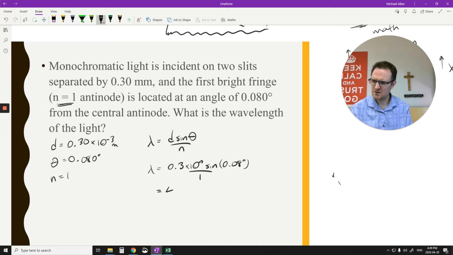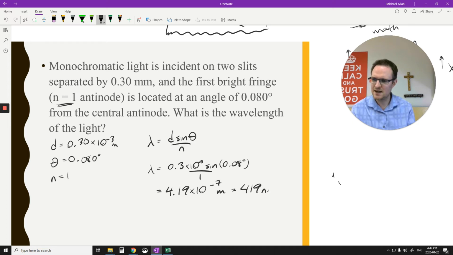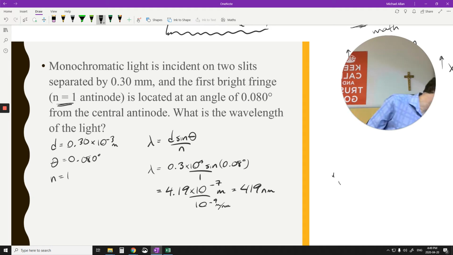So I get 4.19 times 10 to the negative 7 meters. And if I change that into nanometers, because that's negative 7, this is going to be 419 nanometers. I'm just dividing by 10 to the negative 9, because that's how many meters are in a nanometer. So it does a little flip there, and you get 419 nanometers.